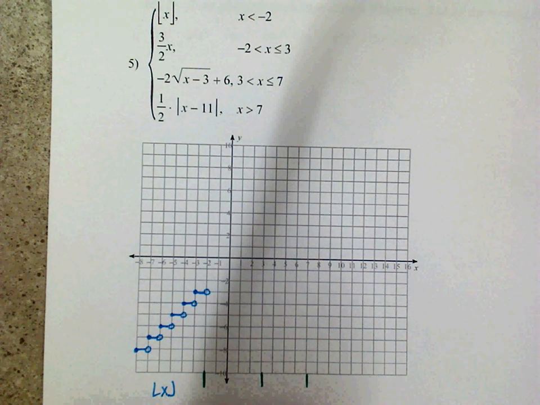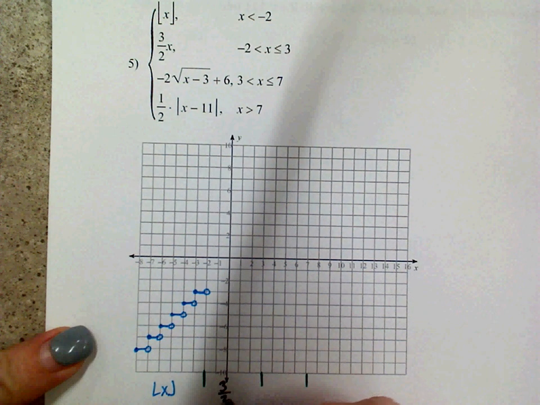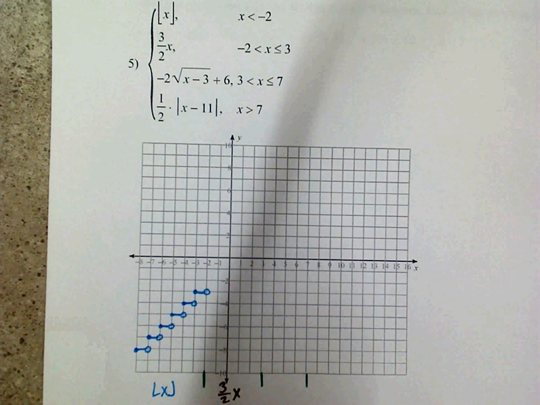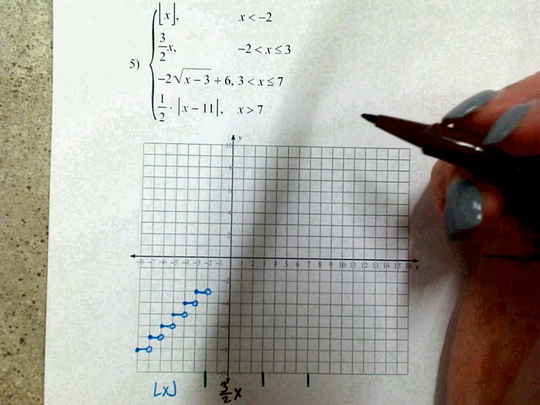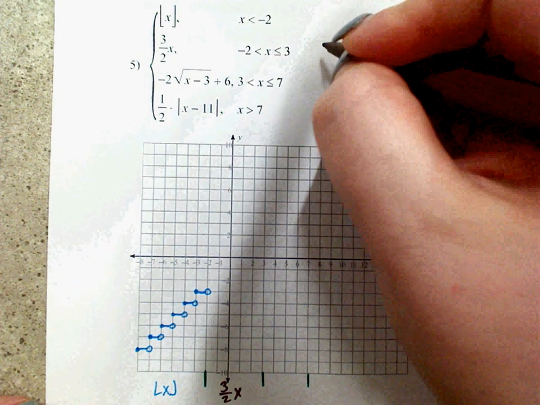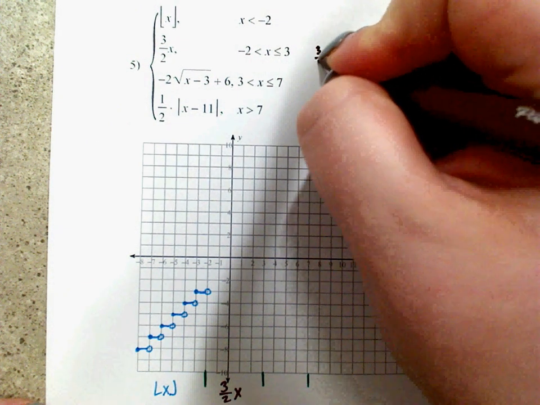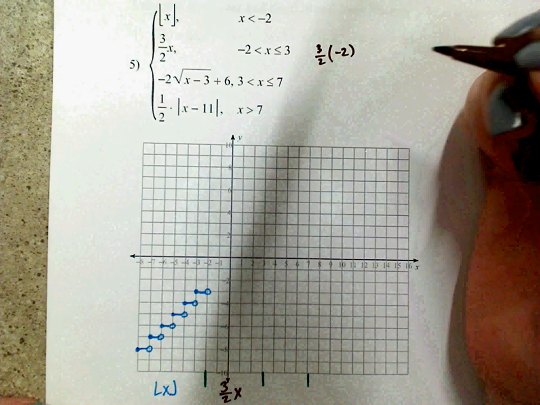3/2 x. So we are actually going through the y-axis, which means I could graph its y-intercept. I actually want to work this 2 different ways. So one way to do this is to plug in your endpoint. So if I plug in -2, I actually get -3.